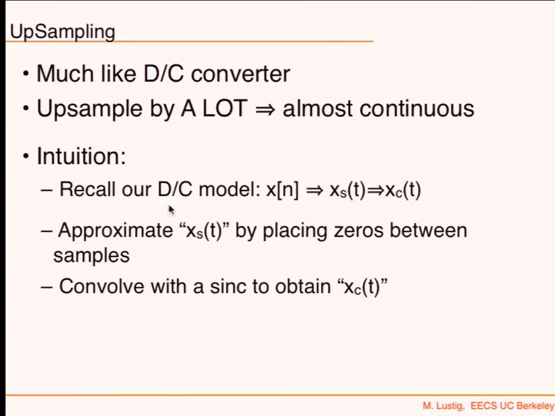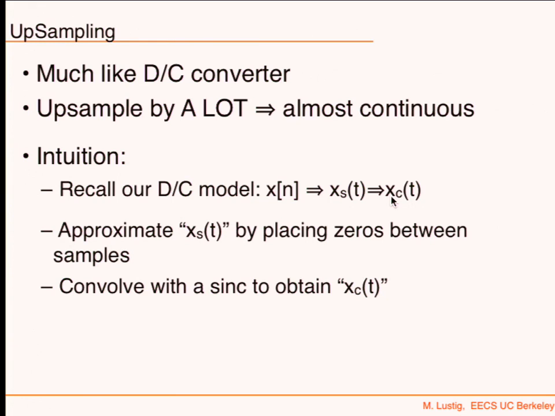So if you recall the D to C model, the digital to continuous time model, we took x[n] and we created x_s(t). That's the impulsive version. And then from that, we filtered to get x_c(t). Remember that? Please remember that. This is basic. x_s is the impulsive version. So from discrete to continuous time, we converted x[n] to x_s and then filtered with a low-pass filter.